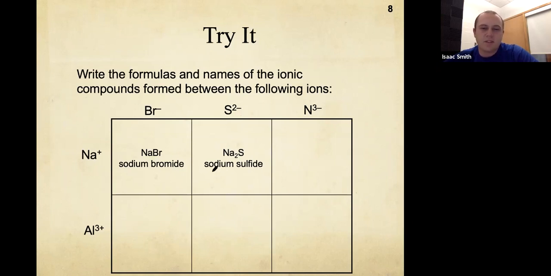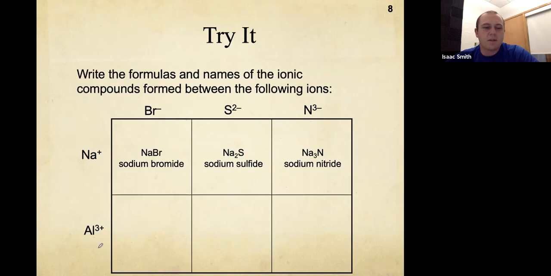Again, the name is just the name of the positive ion followed by the name of the negatively charged ion with the -ide ending. So sulfur goes to sulfide. Okay, and then last, you're going to need 3 sodiums for every 1 nitrogen because nitrogen has a -3 charge and sodium is a +1. So subscript 3 on the sodium, and you have sodium nitride, okay?